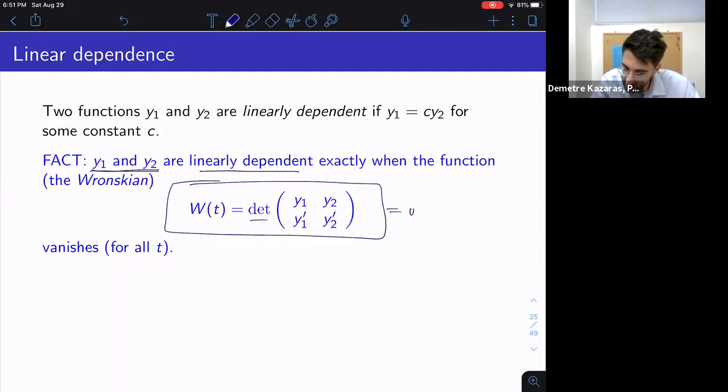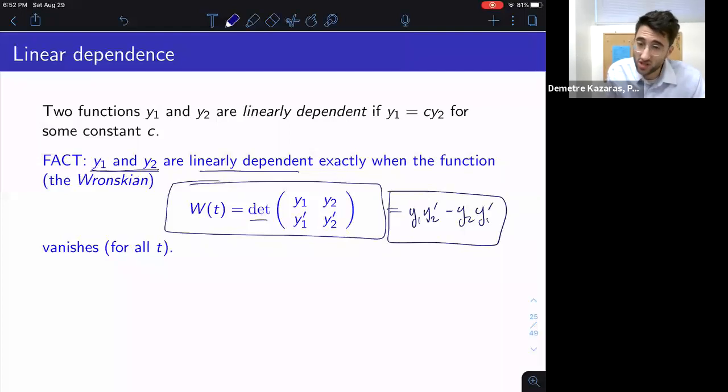By the way, this determinant is y1 times y2 prime minus y2 times y1 prime, just the product of the diagonal minus the product of the off diagonal. This quantity is a function of t. If you calculate this Wronskian and it vanishes for all t, if it's the zero function, then your functions were linearly dependent.